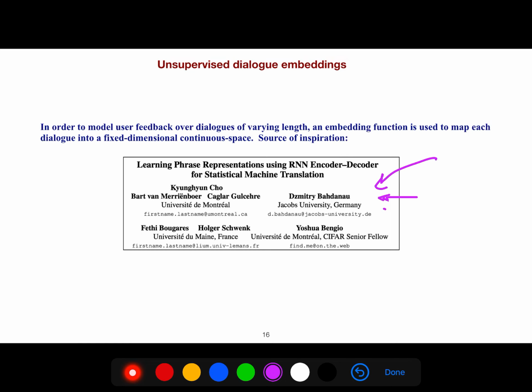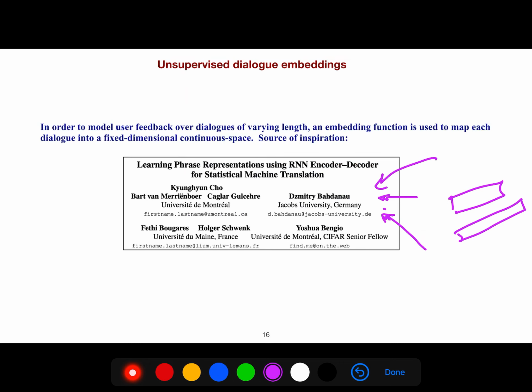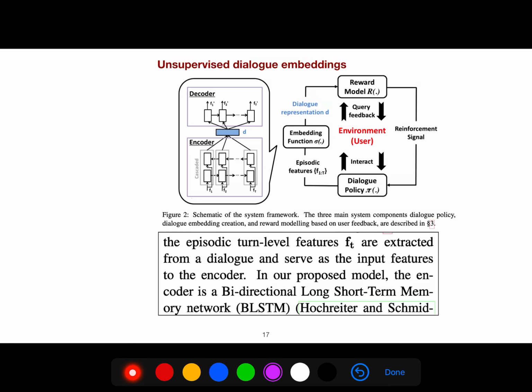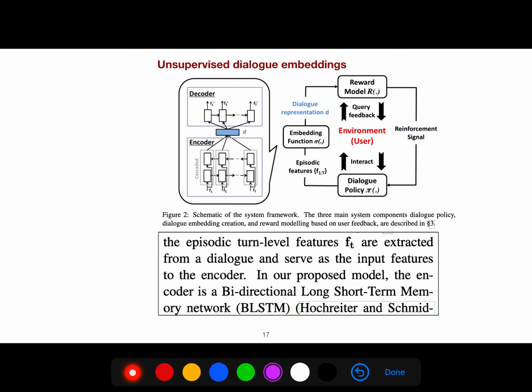This is like the problem of machine translation, where the length of different sentences is different. That is the motivation for using this embedding.